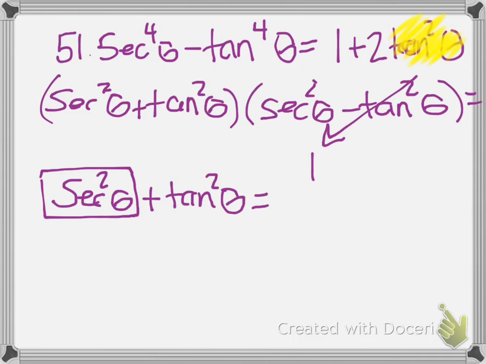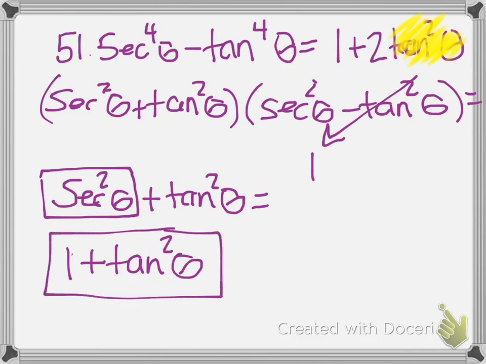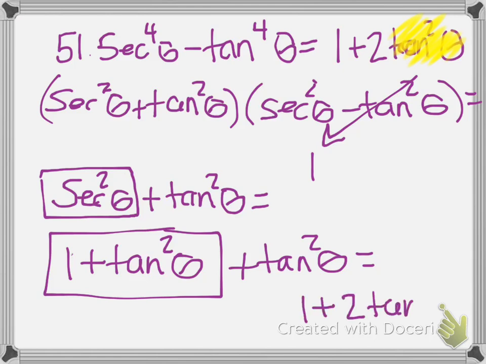I can rewrite that as 1 plus tangent squared of theta. That way, when I add the original tangent squared of theta, I'm right back to where I started. 1 plus 2 tangent squared of theta. And we have verified it.